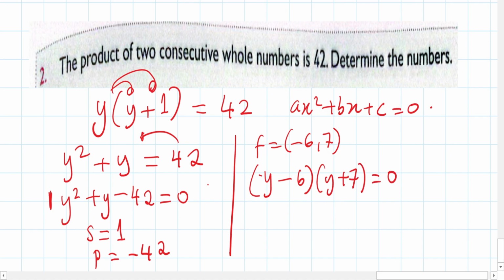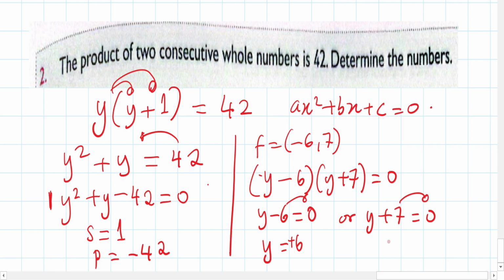So you don't need to do the long process where you subdivide 1y into negative 6 and 7. It's going to be a very long process. So y minus 6 equals 0, and therefore y is positive 6. Or y plus 7 equals 0, and therefore y is going to be negative 7. So your y is either 6 or negative 7.